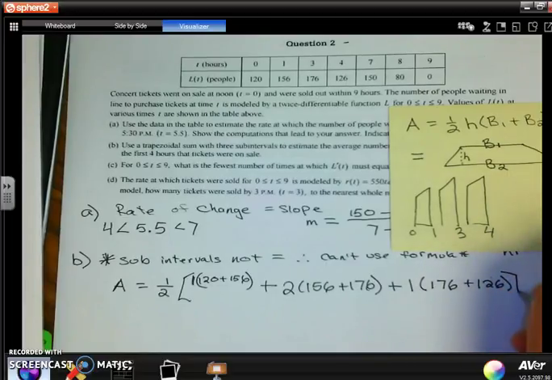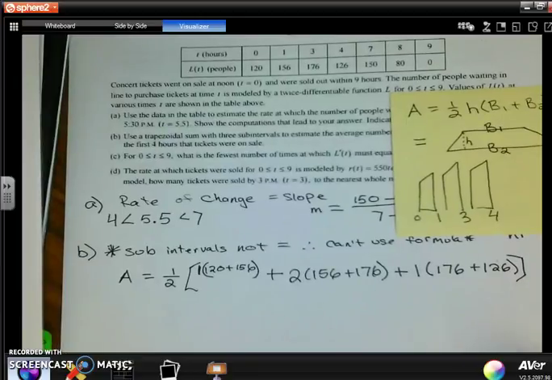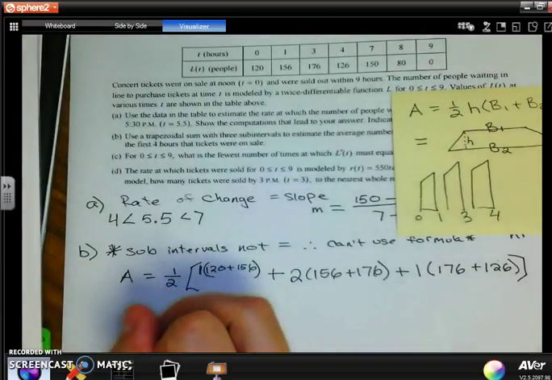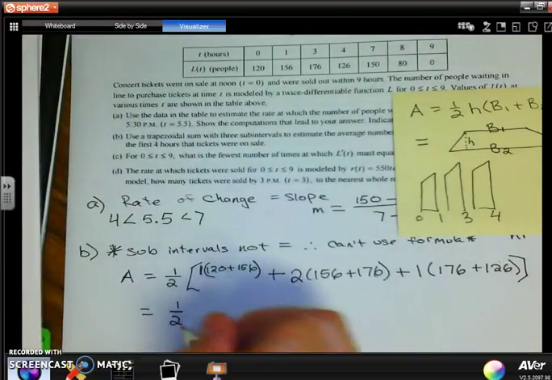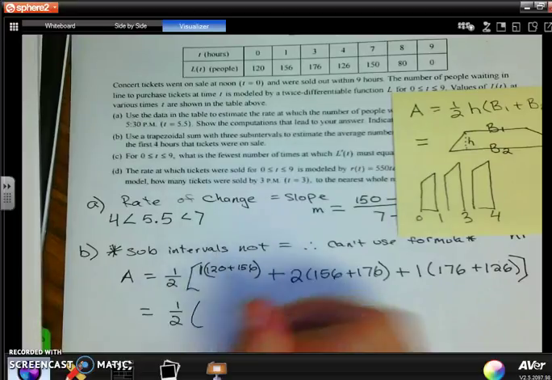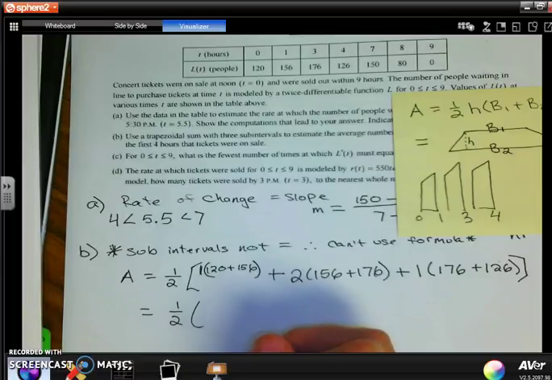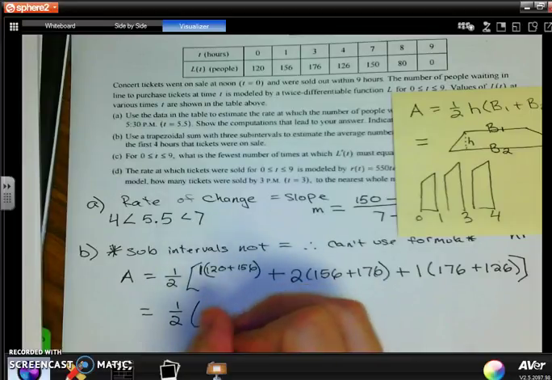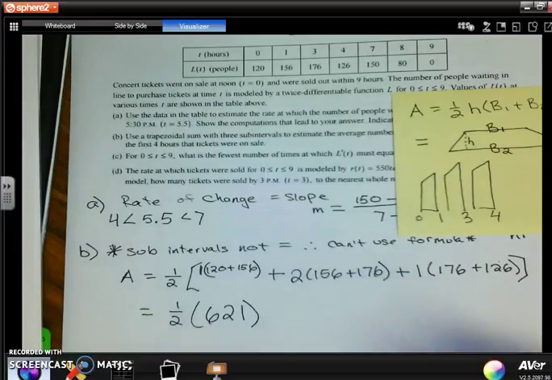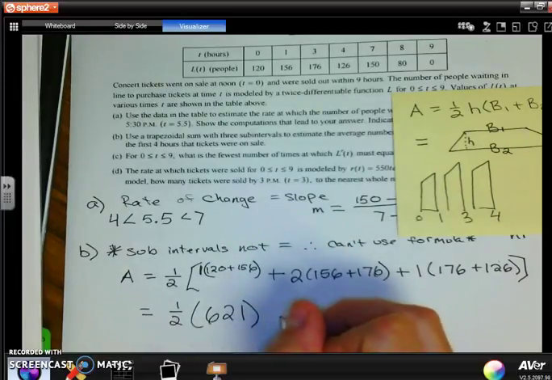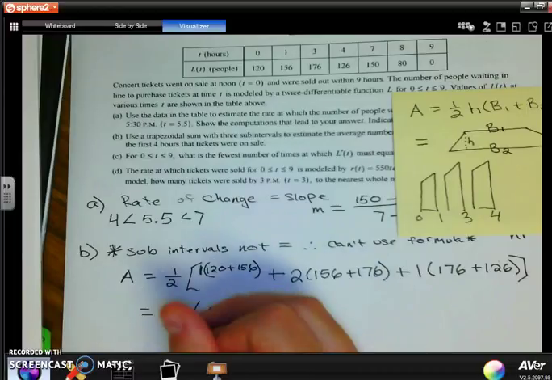And again, it's not that these calculations are that difficult, but you do have a calculator, so you can use that as needed. So I end up with something to the effect of 1/2. When you do that on your calculator, I got, what did I get? I got 621 altogether, okay? And, oh, that was after I divided it by 2 already.